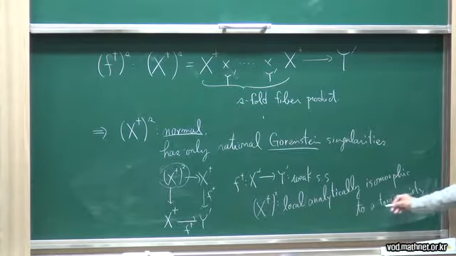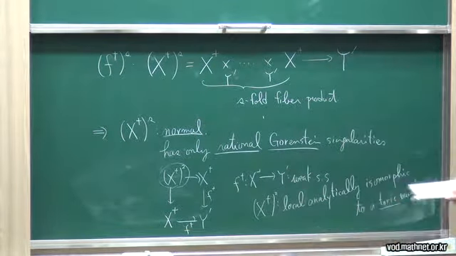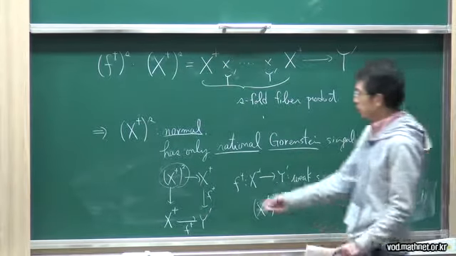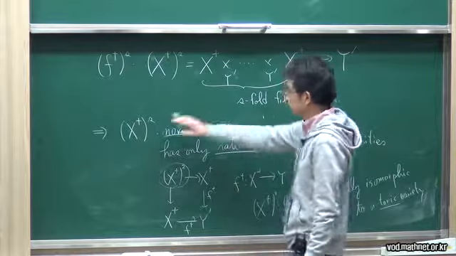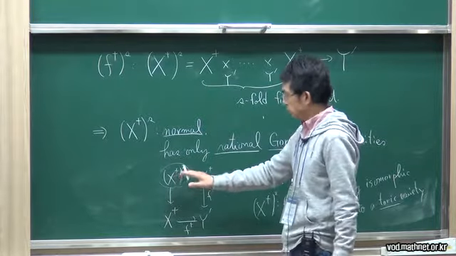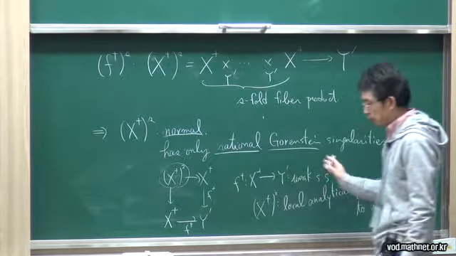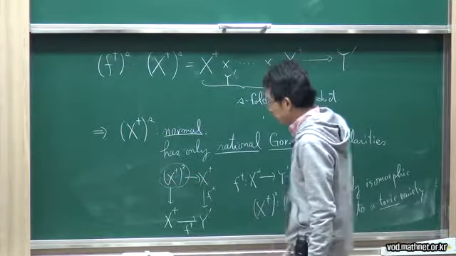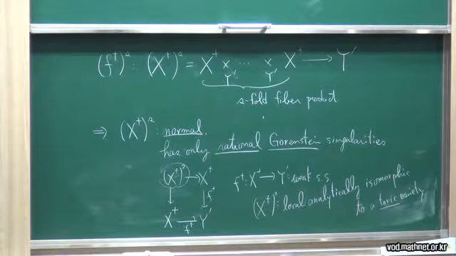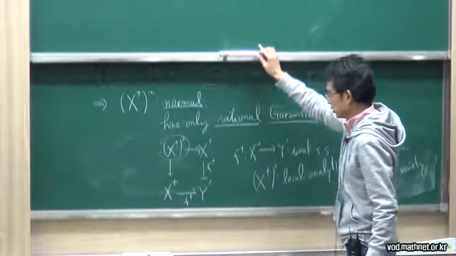Toric singularity is rational, so we have rational singularities. So anyway, in the s equals 2 case, we checked this is normal and has only rational Gorenstein singularities. By repeating the same arguments, we obtain this is normal and has only rational Gorenstein singularities.